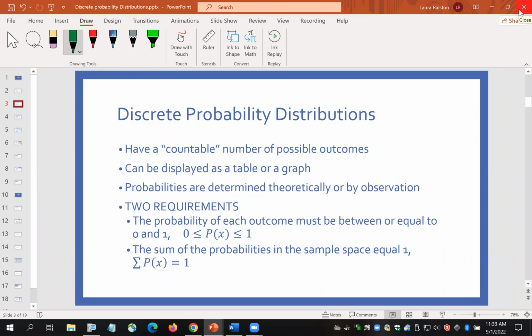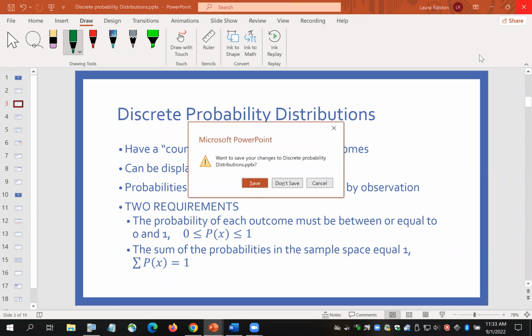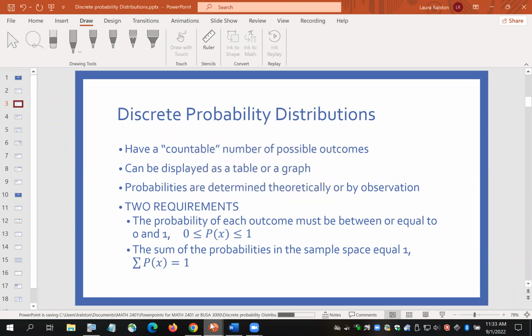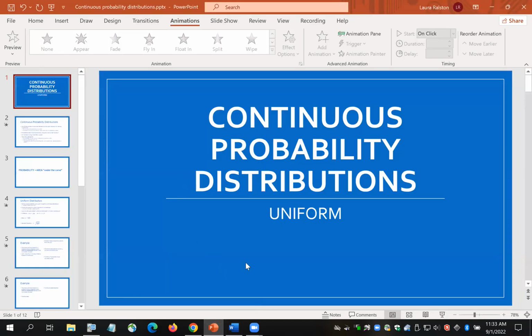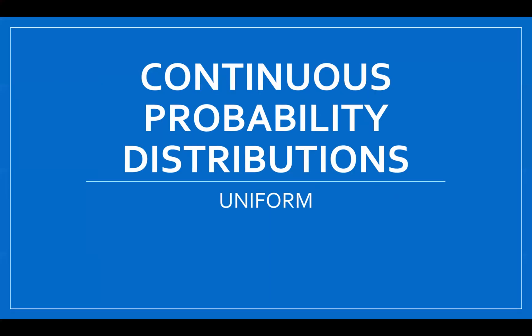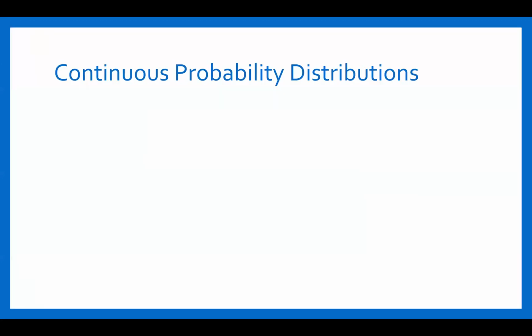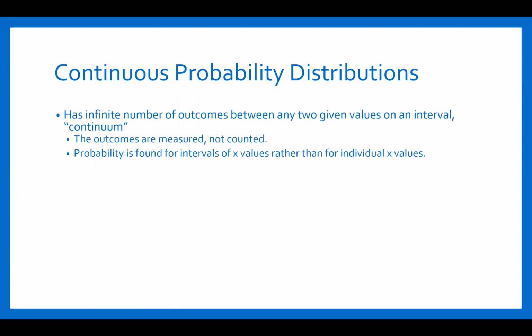And now we want to turn our attention to the other type of probability distribution, which is the continuous probability distribution. To remind you, a continuous probability distribution has an infinite number of outcomes between two given values on an interval.